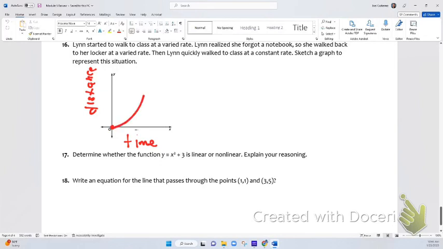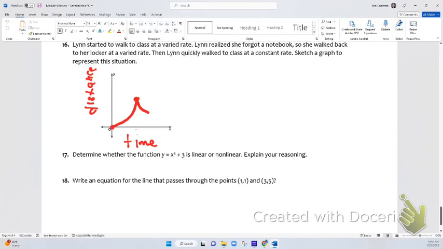It doesn't matter if it's this way, it doesn't matter if it's this way, right? So maybe she's walking slow, and then she sees her friend, so she starts walking a little faster. And then she realizes that she forgot her notebook, so she walked back to her locker at a varied rate. So she's starting to walk back to her locker at a varied rate.